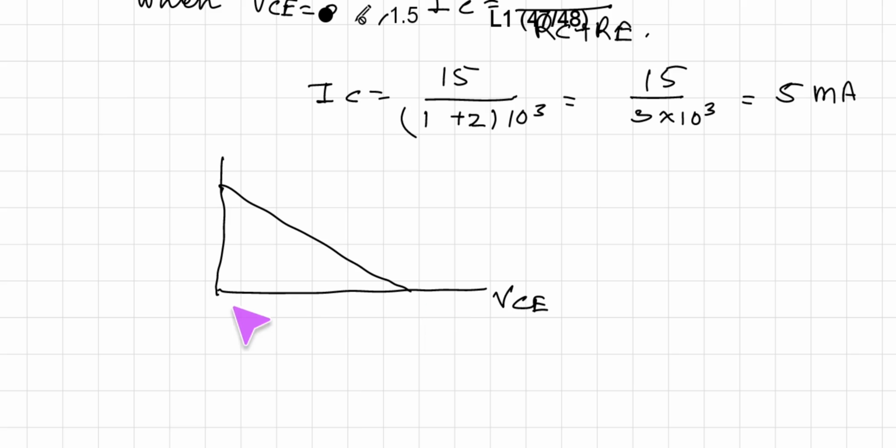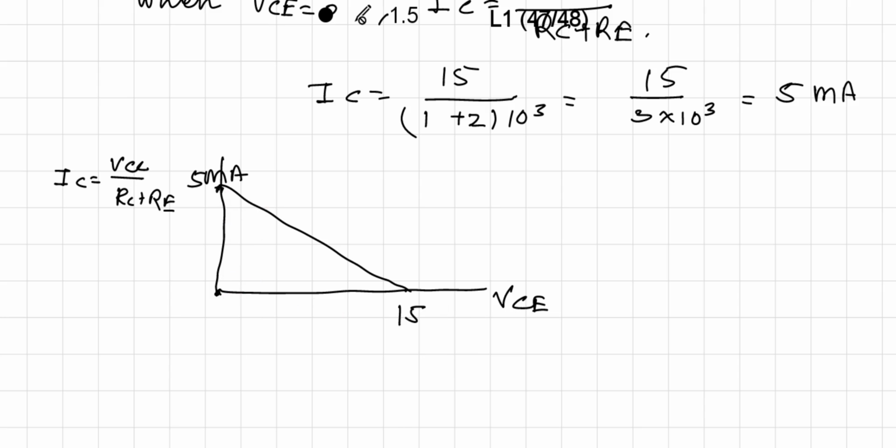When VCE is equal to 0, we get the maximum current, that is IC is equal to VCC upon RC plus RE, and its value is 5 milliampere, as we saw. And when collector current is 0, we saw VCE is equal to VCC, that is 15 volt.